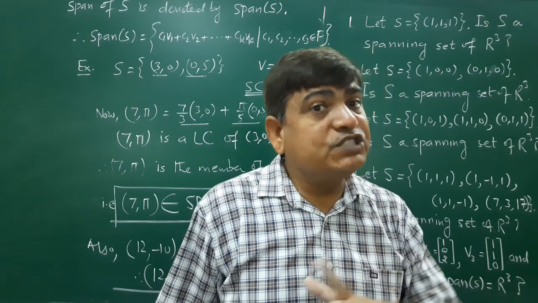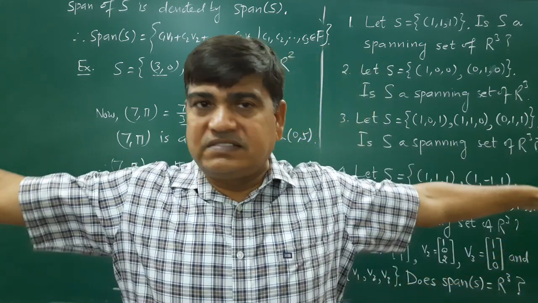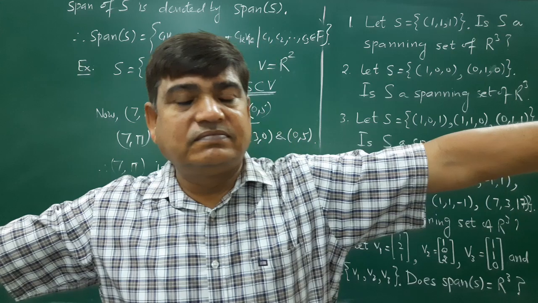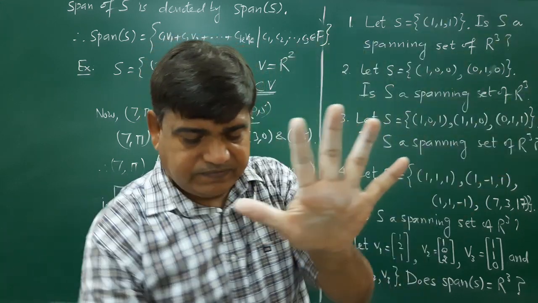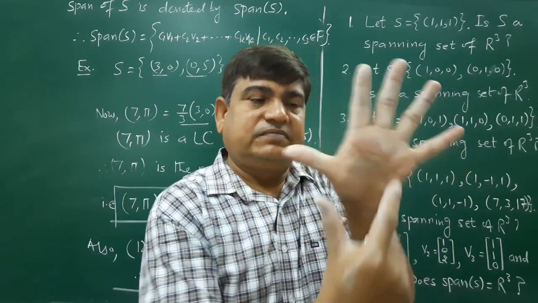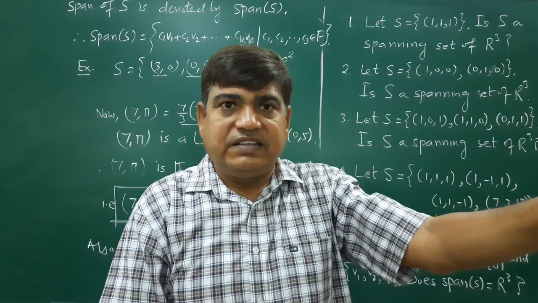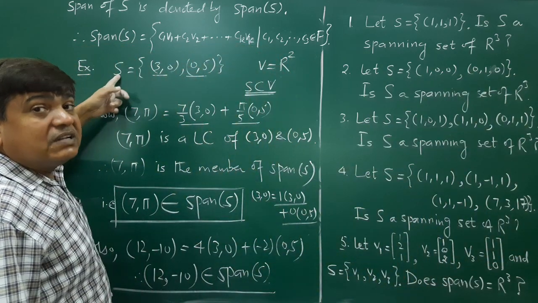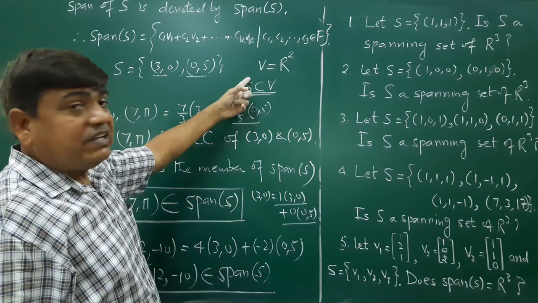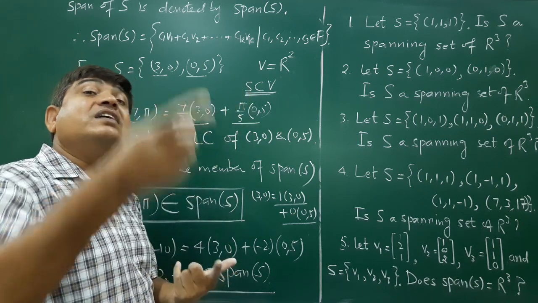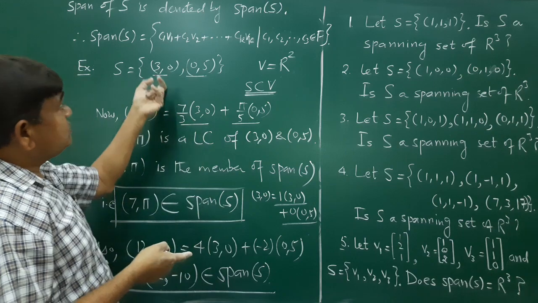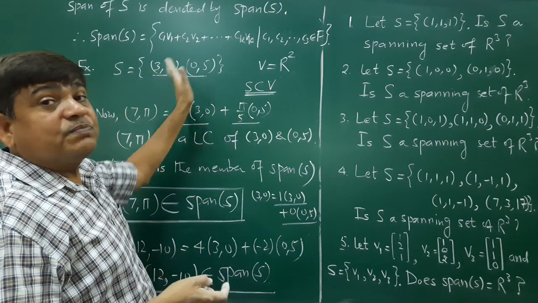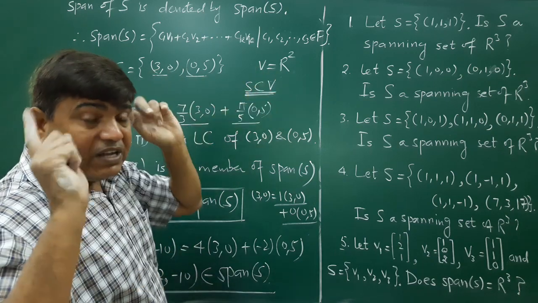That means V is spanned, spread out. Then S is called spanning set of V, or V is spanned by S, or S spans V. So again you listen.